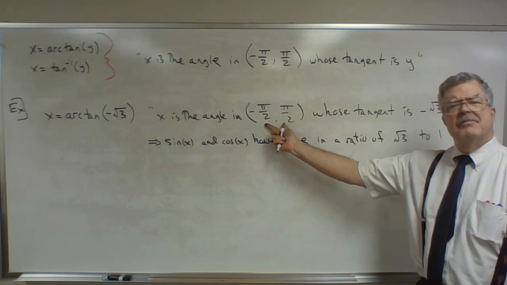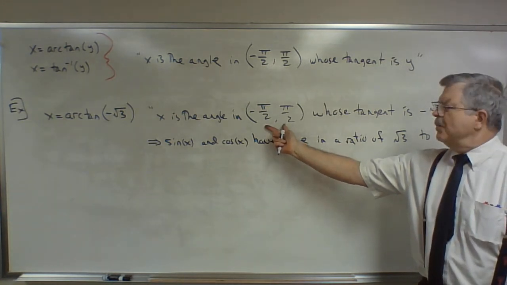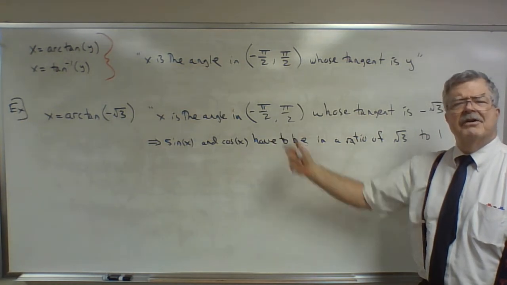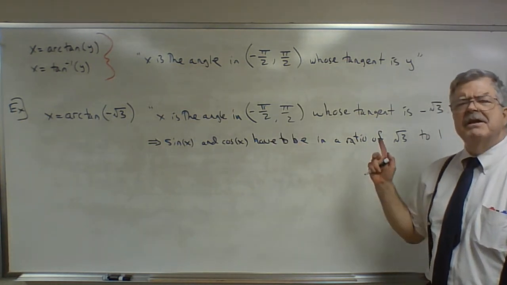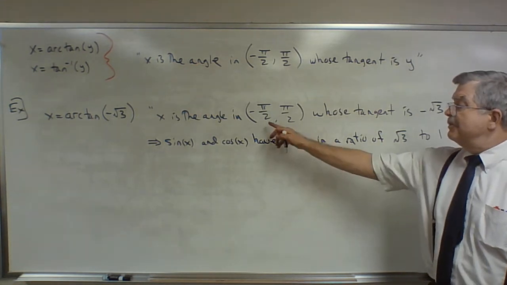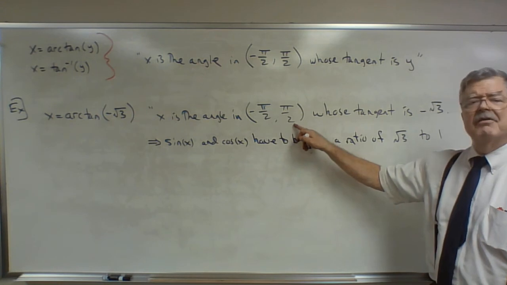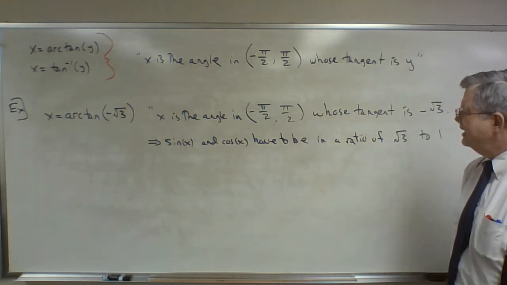In the interval from negative pi over 2 to pi over 2, what's going to be negative, sine or cosine? It's going to be sine that's negative, right? Between negative pi over 2 and pi over 2, cosine is positive, so it has to be sine.